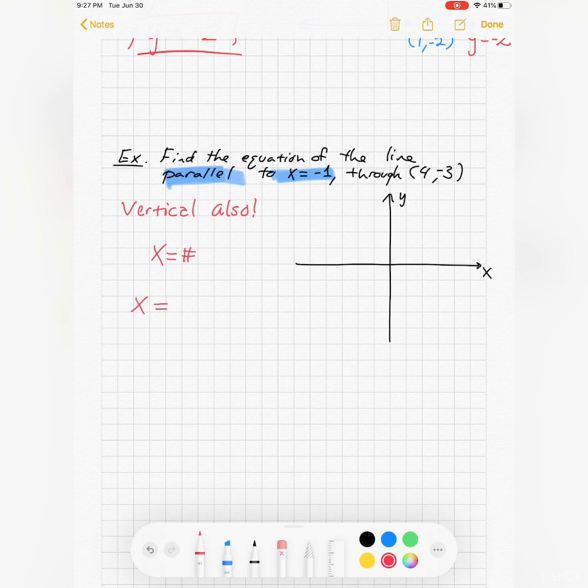So the number is going to be 4. Okay, because the line we're given is this one. There's the point. Okay.